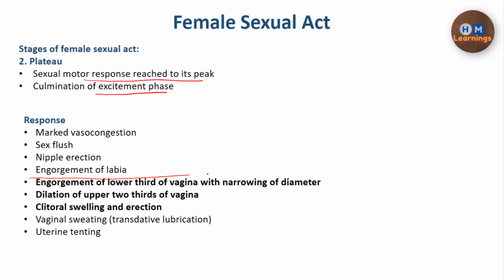Apart from this, other changes are also added on in the plateau phase, which involve the engorgement of the lower third of the vagina with narrowing of diameter and dilation of the upper 2/3 of the vagina, and clitoral erection. So how does it happen?